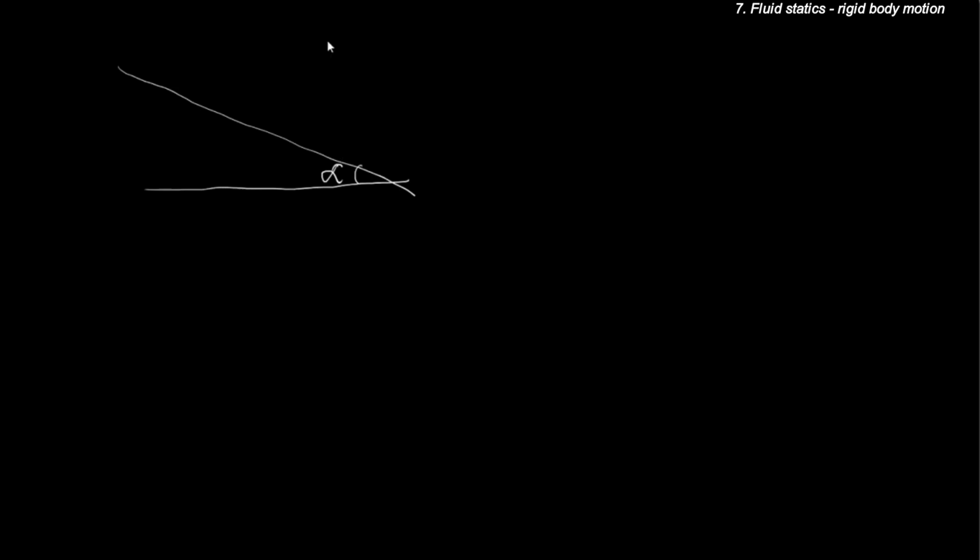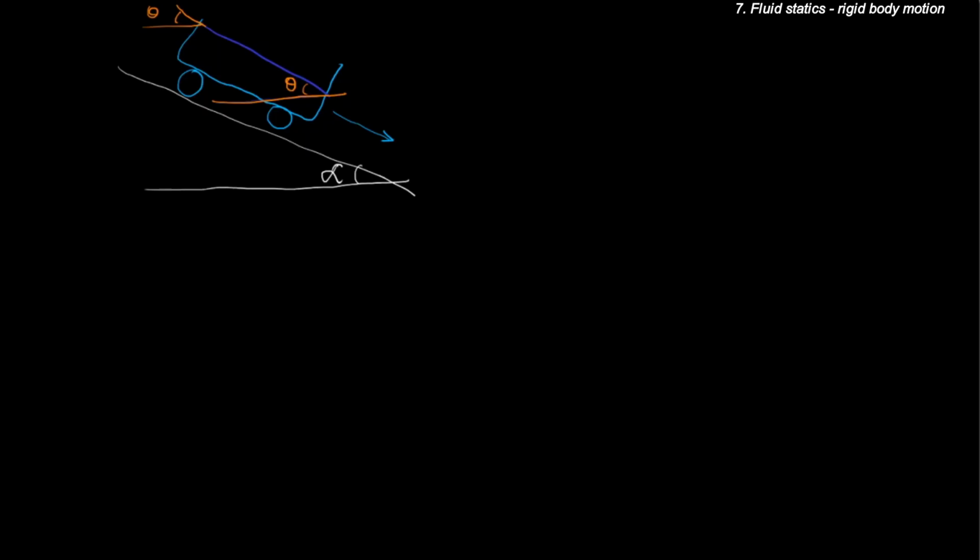The question is, if we have a tank on wheels rolling down the plane, what is the angle of the water? What angle does the water make with respect to the vertical axis? Let's call it theta. So effectively this angle is theta.